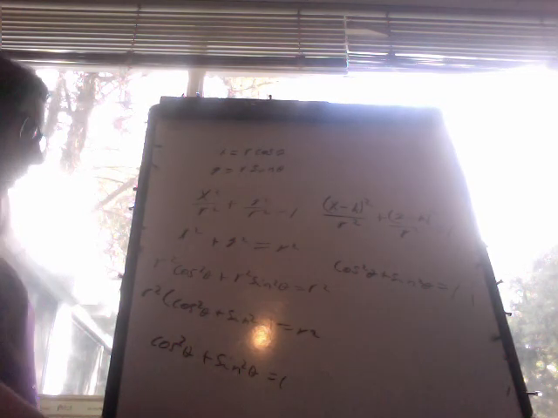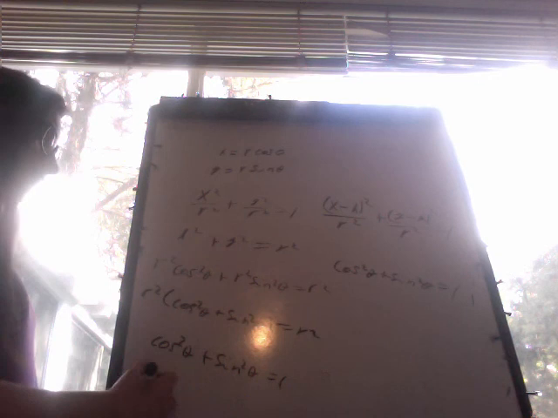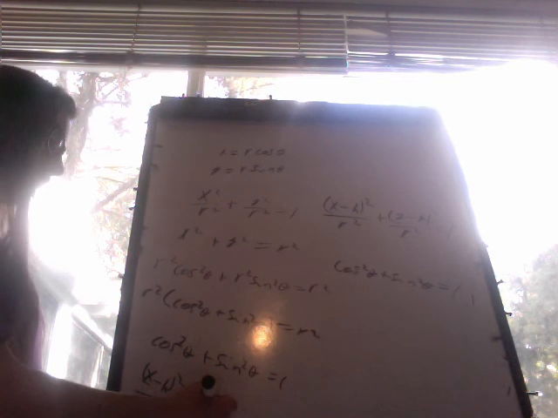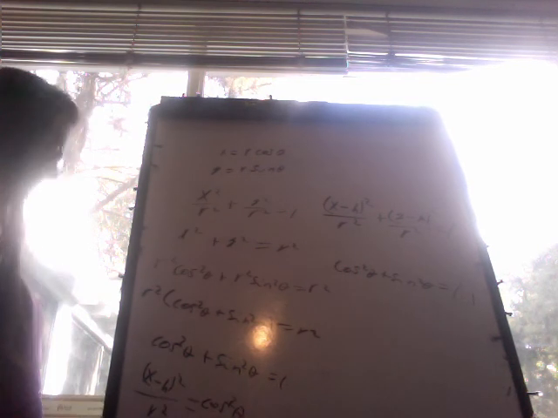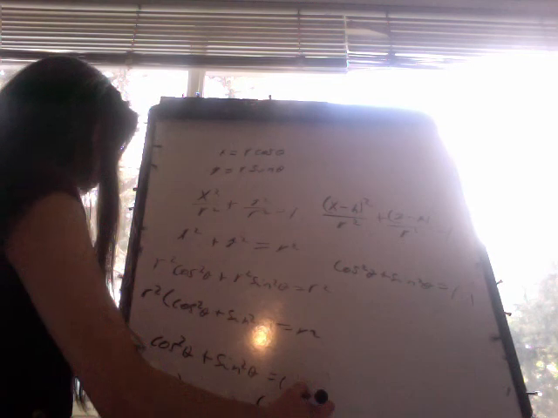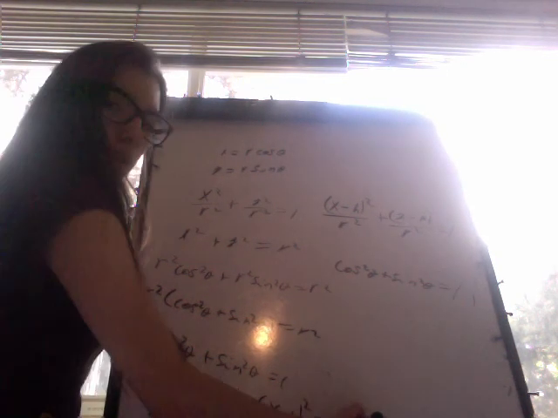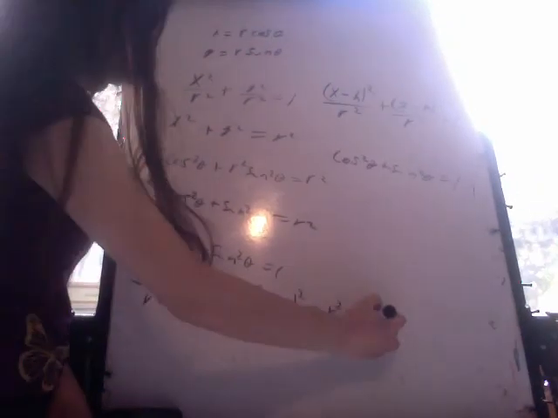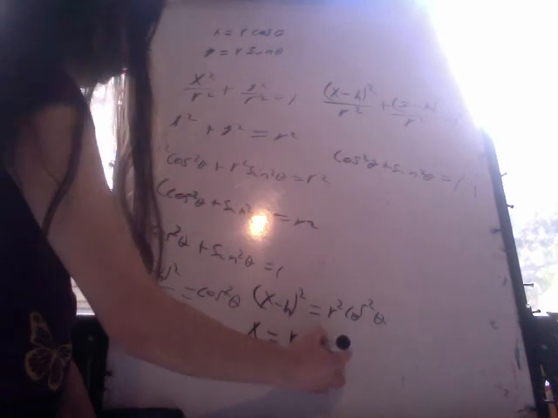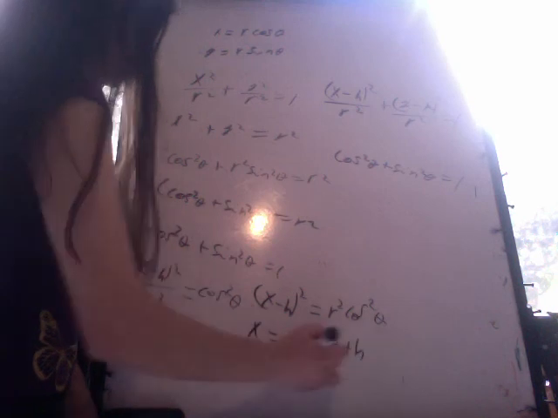The x coordinate would be x minus h squared divided by r squared. This is the cosine squared of theta. So x minus h squared is equal to r squared cosine squared of theta, and so x is equal to r cosine of theta plus h.